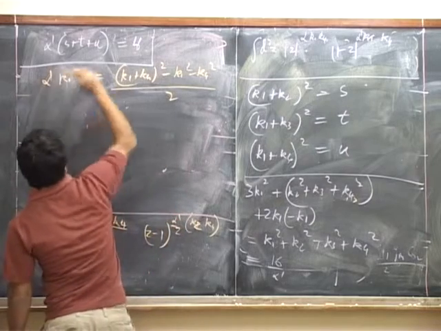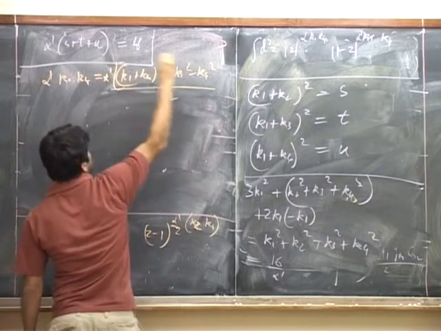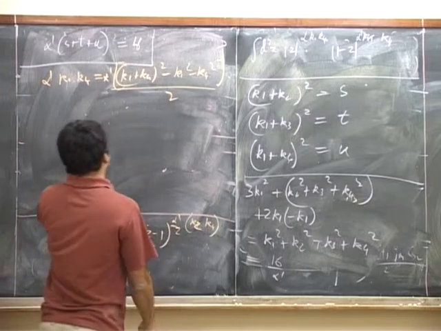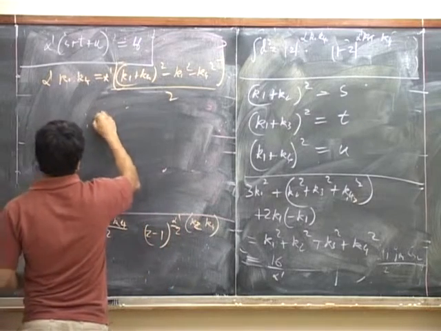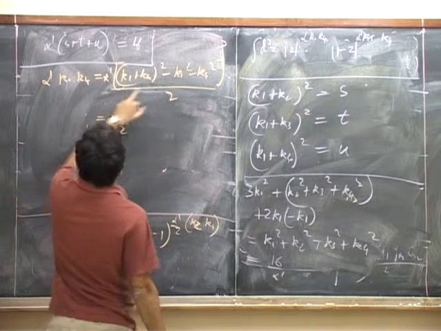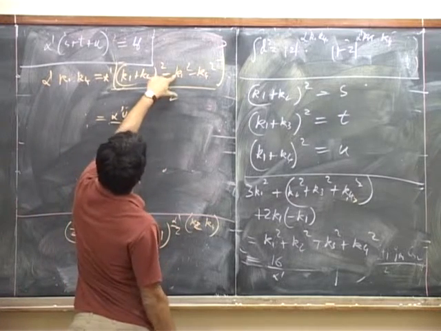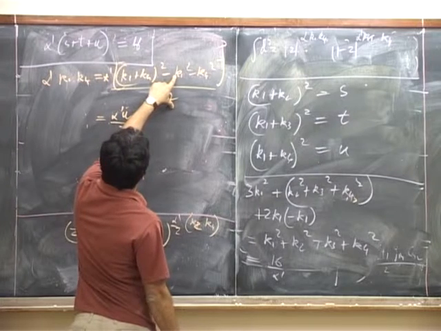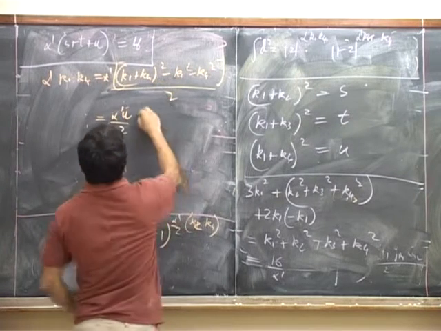And we're interested in alpha prime times this, which is equal to alpha prime times u by 2, and now this is 4 by alpha prime, so minus 4.